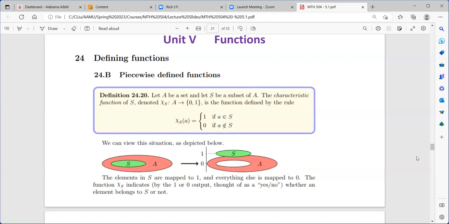So this is especially important and useful in piecewise defined functions. When we try to write down, for example, one formula for a piecewise defined function, we can use the characteristic function chi for each part of the partition of the domain.